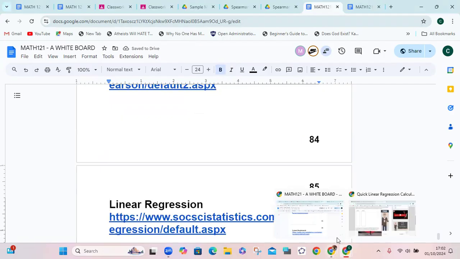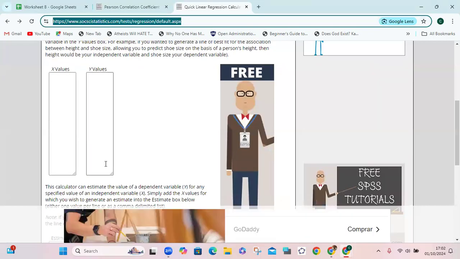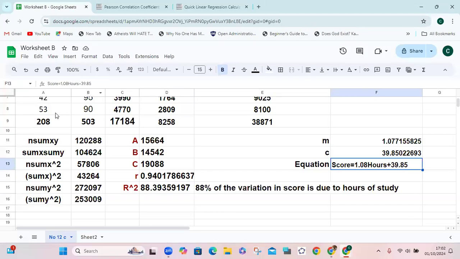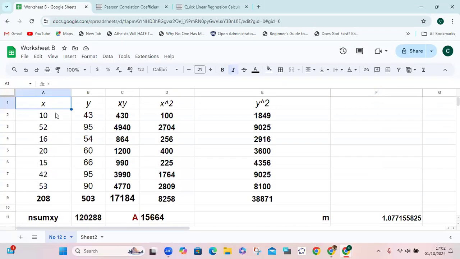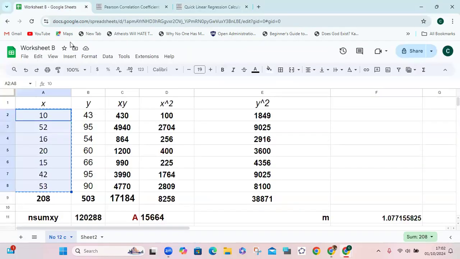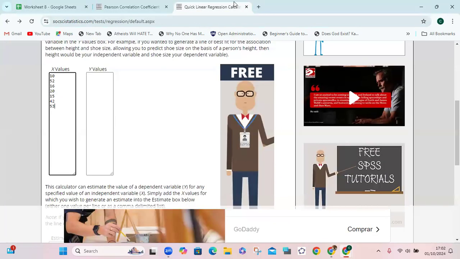So let's go back to the calculator, right? And simply copy X value and the Y value separately. And we can use this now to prove our answer for the linear model. You can use this model to forecast.